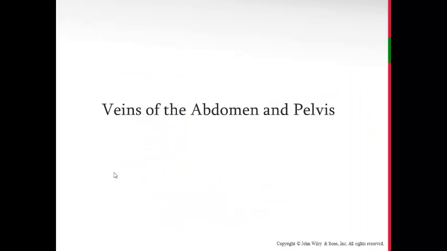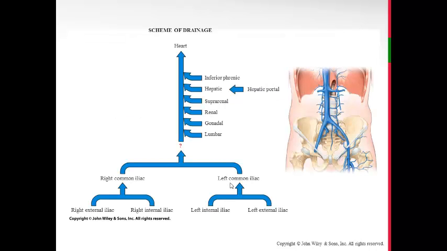Okay. Now let's take a look at the veins of the abdomen and the pelvis. Let's take a look at either right or left side, but let's look at this time from the left. But pretty much we have our right common iliac vein and left common iliac vein.